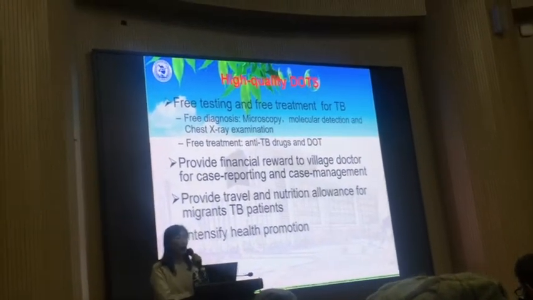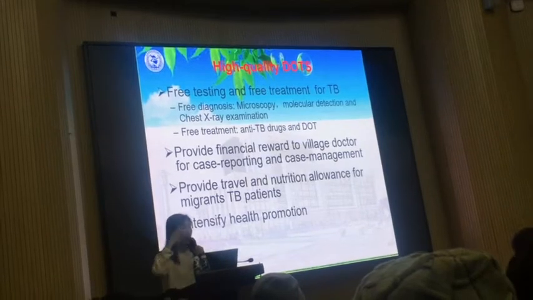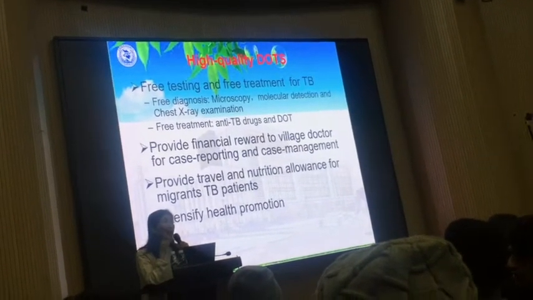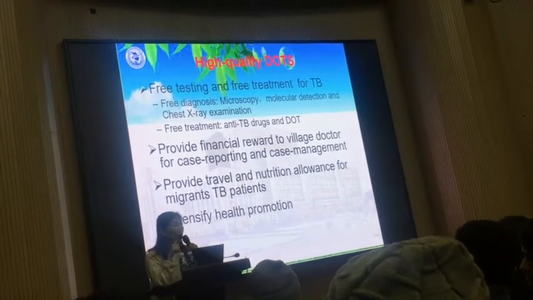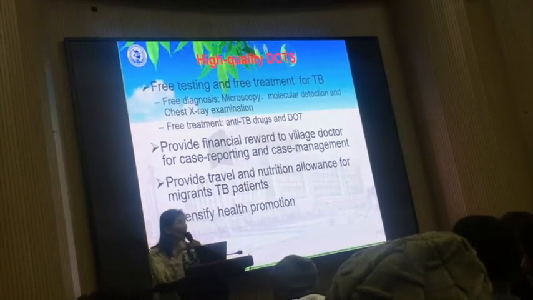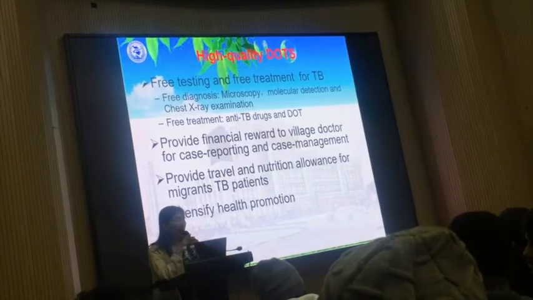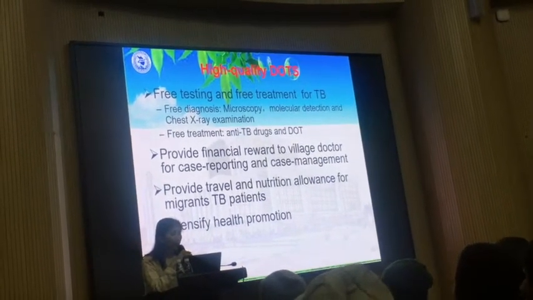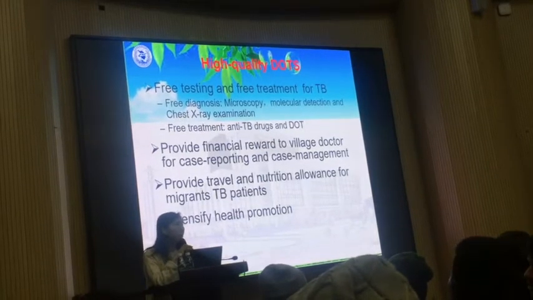In our province, we not only provide the first-line anti-TB drugs, we also provide second-line anti-TB drugs. You know, the second-line TB drugs are very, very expensive.